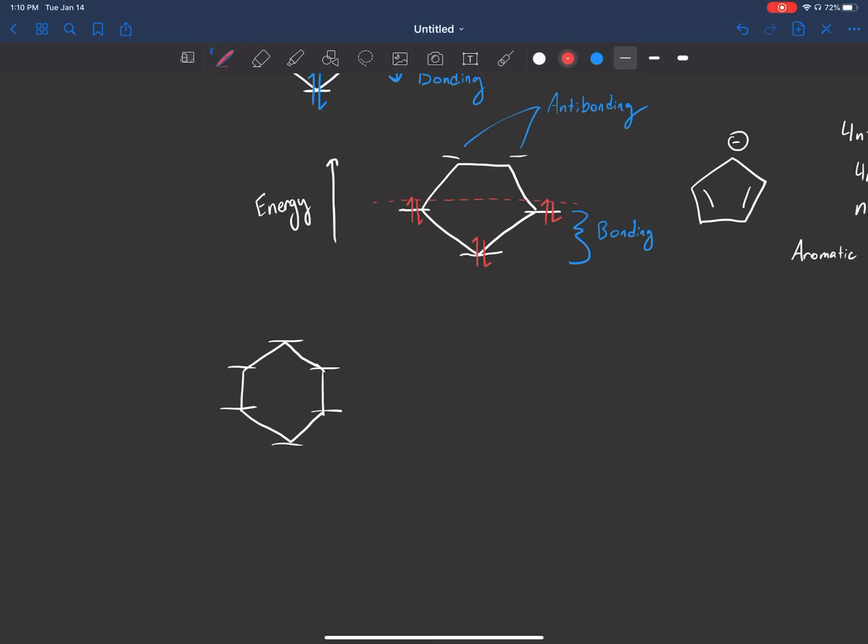In this case, again, no non-bonding orbitals, but again, an odd number of bonding MOs, that's what you want. And you always want to have one of the corners at the bottom. So that would be a 6-member ring, so we have 3 bonding MOs.